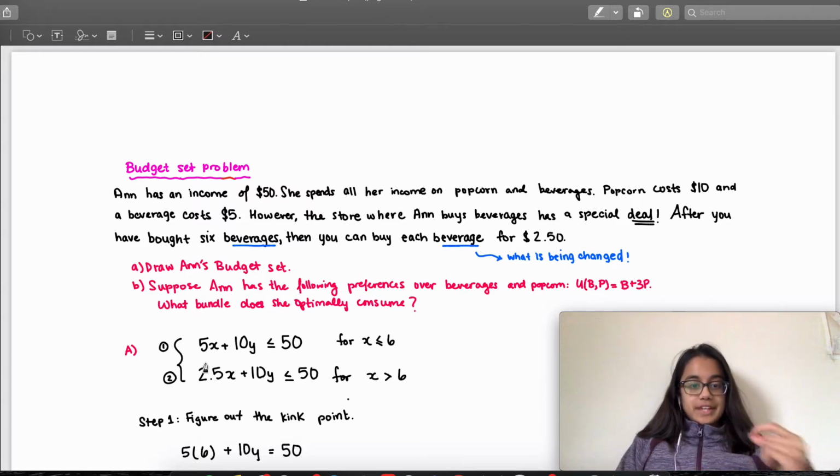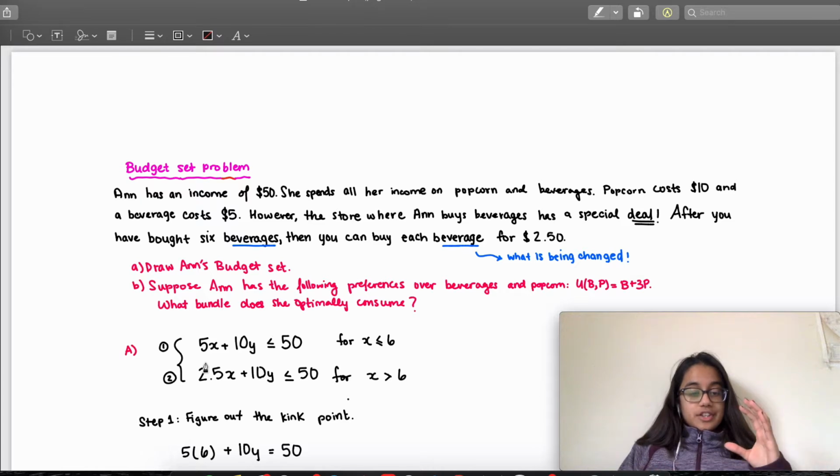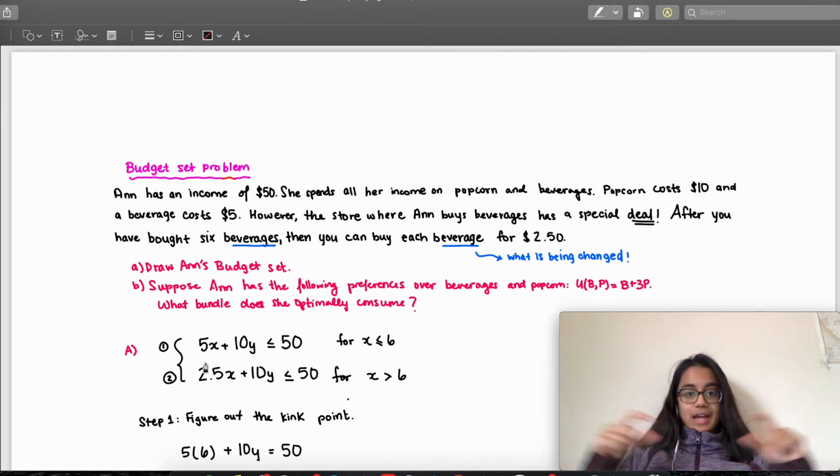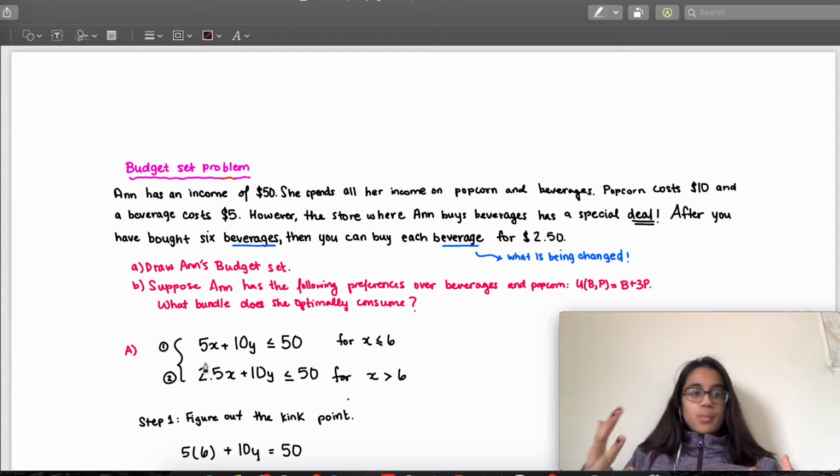Our 5x plus 10y comes from this: 5 is the price and x is the amount of that good, so 5x is the expenditure on beverages, and 10y is the expenditure on popcorn, good y. Together, 5x plus 10y is less than or equal to 50, because you will not spend more than the income you have. Our income is $50. We do the same thing for line 2.